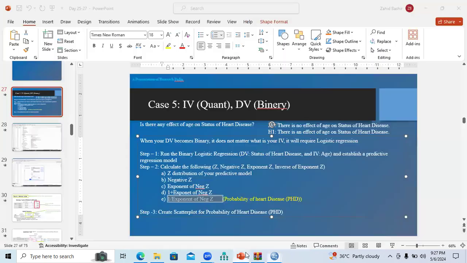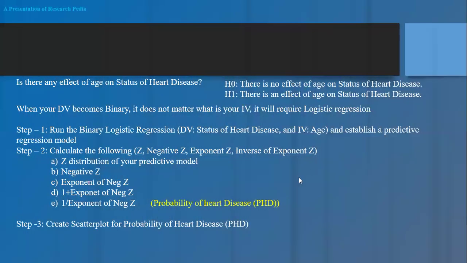Now, as a final step, we need to create a scatter plot of the probability of having heart disease. This is the overall procedure whenever you are going to apply binary logistic regression.